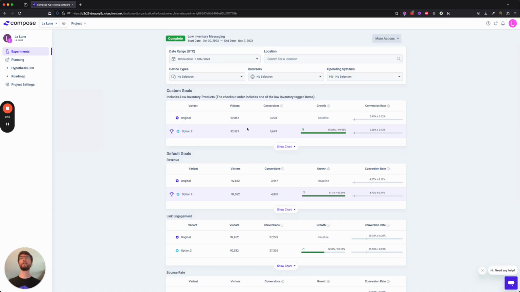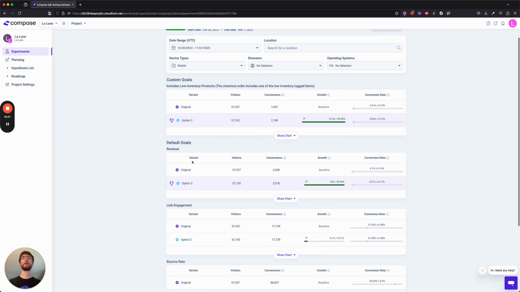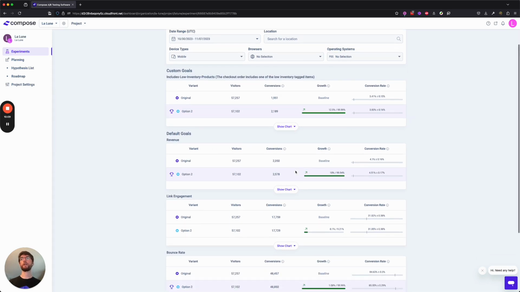So another thing we can do here is filter these numbers to see how this test may have had a different impact on different device types. So let's look at mobile, for example. And we can see here, looking at mobile, the numbers have changed a bit, but we're still seeing good improvement in our custom low inventory products goal and our revenue goal, which are the primary goals we want to look at for this test.